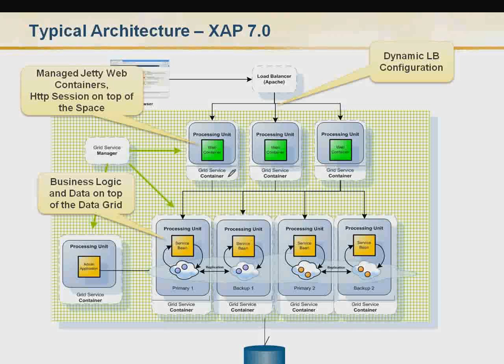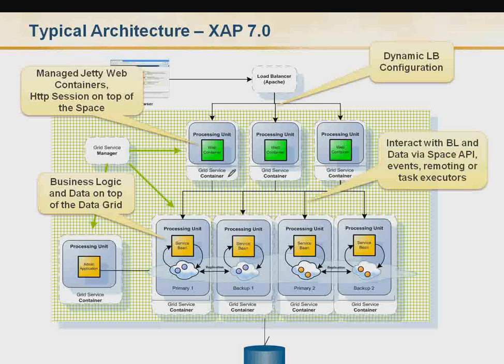But if you're talking about stateless business logic or business logic that is not involving a significant amount of data, you can still keep it at the web application level. And then basically that business logic interacts with the in-memory data grid to fetch and read data. Yeah, it can interact with the data grid remotely, of course.